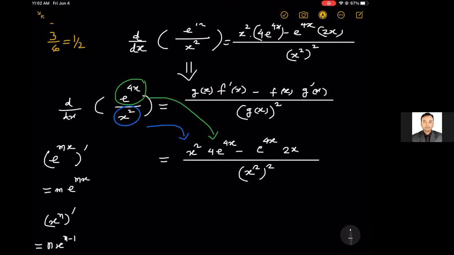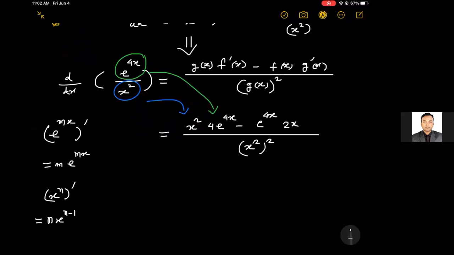Because we'll be just doing algebra now. Okay, looks like no question. So let's simplify it, and then we'll come back to it.